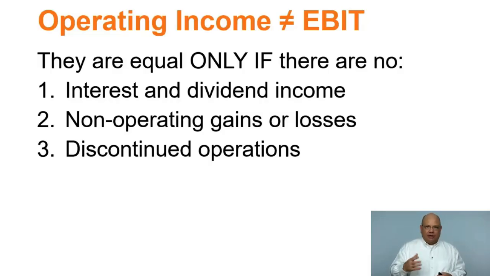Then operating income will be equal to earnings before interest and taxes. But if they had any of these, operating income and earnings before interest and taxes are going to be different.